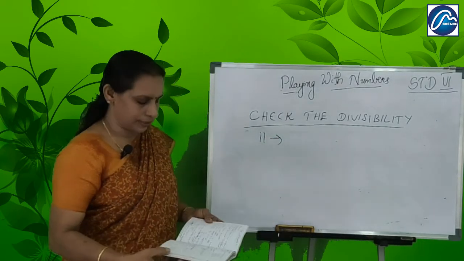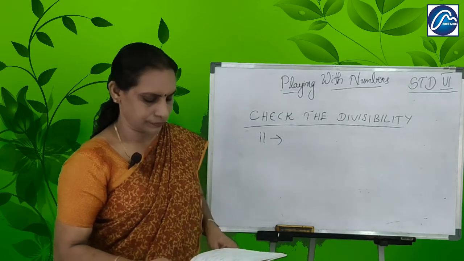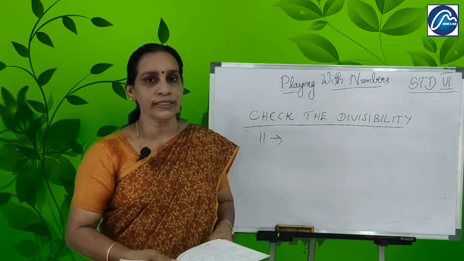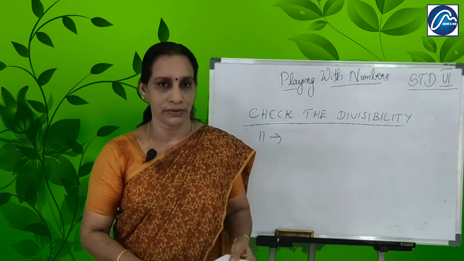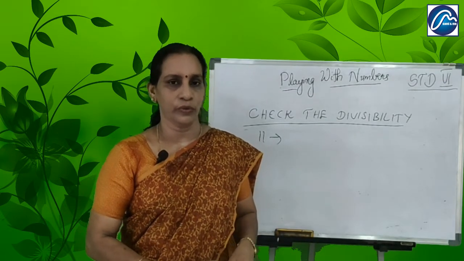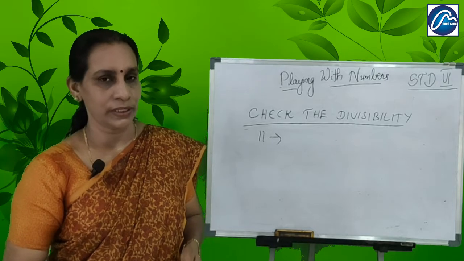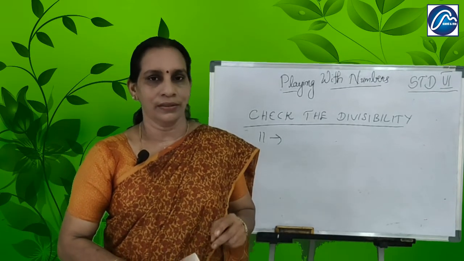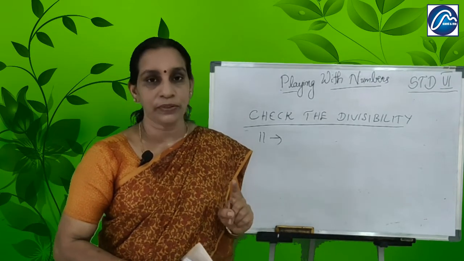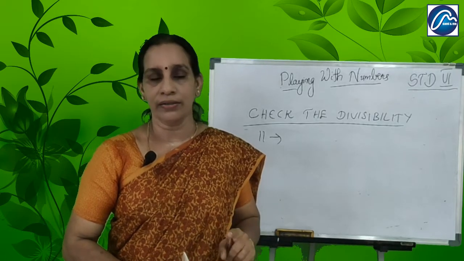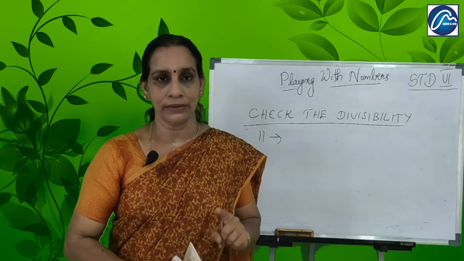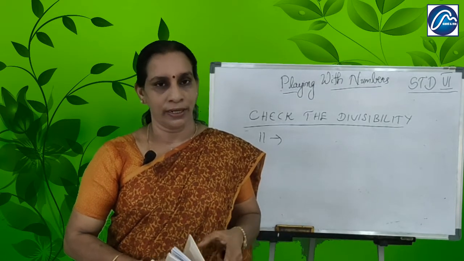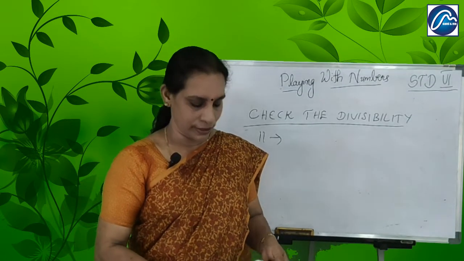Divisibility test by 11. For this, 4-digit numbers, like the bigger numbers we are taking, okay. Smaller numbers you know, multiples of 11 are 22, 33, 44, 55, 66, 77, 88 and going on, 99 like that.